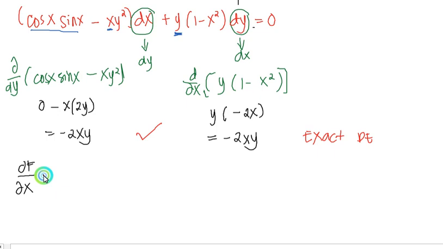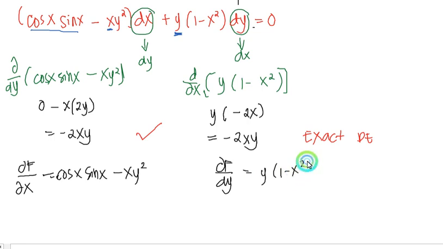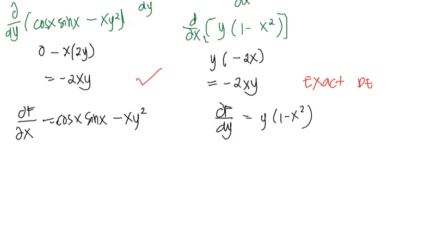Cosine x sine x minus x y squared. Here is dy, therefore this is a partial derivative in terms of y, equal to y times 1 minus x squared. Here we choose whichever is easier for us to integrate.